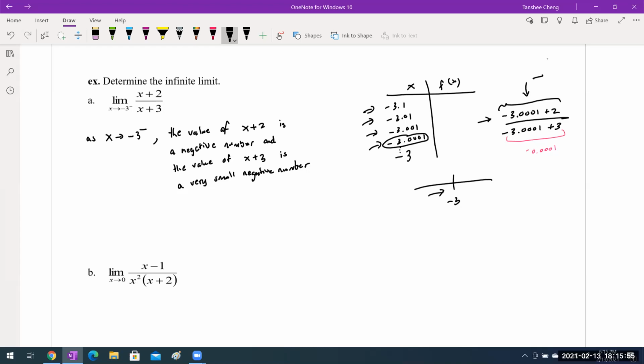Therefore, we can conclude that the value of x plus 2 over x plus 3 is a very large positive number.